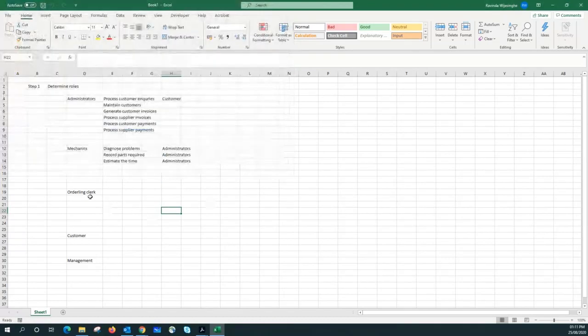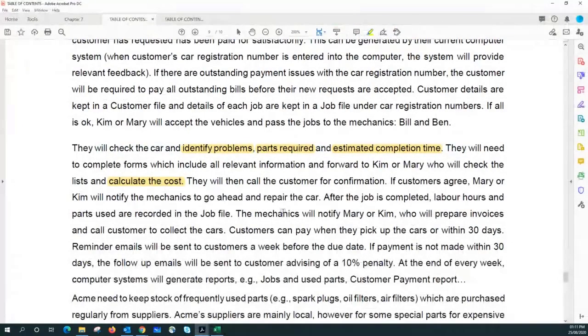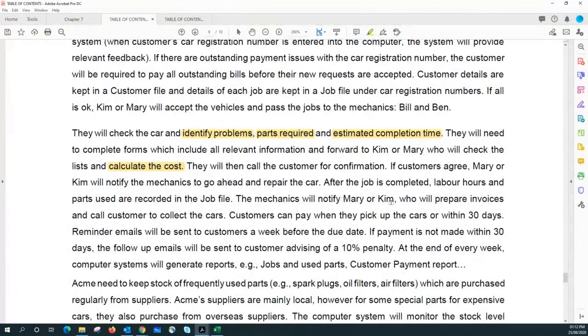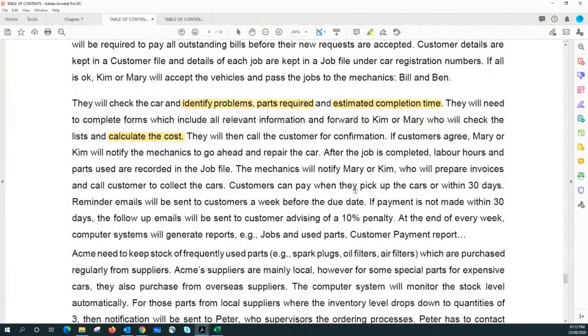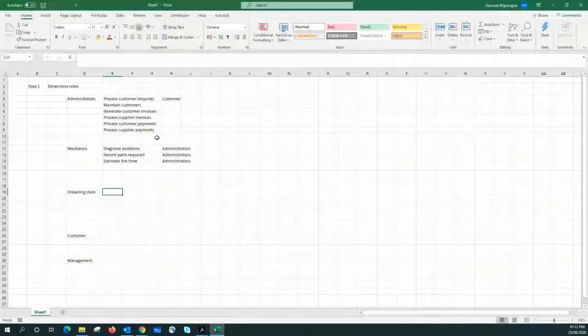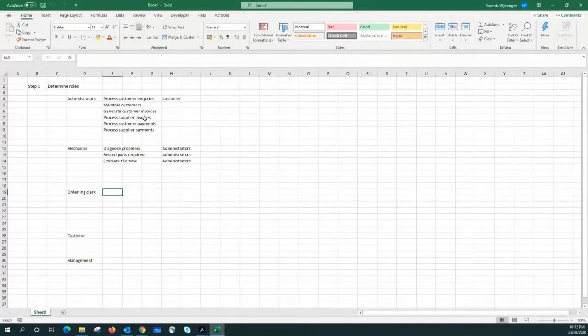Okay, let's move to the next part. After the job is completed, the labor hours and the parts used are recorded in the job file. The mechanics will notify Kim or Mary, who will then prepare the invoices and call the customers to collect the cars. Customers can pay when they pick up the cars or within 30 days. So, process customer invoice.